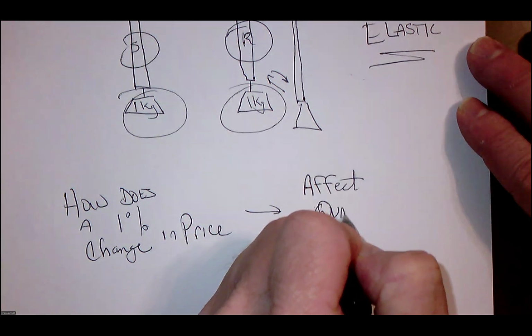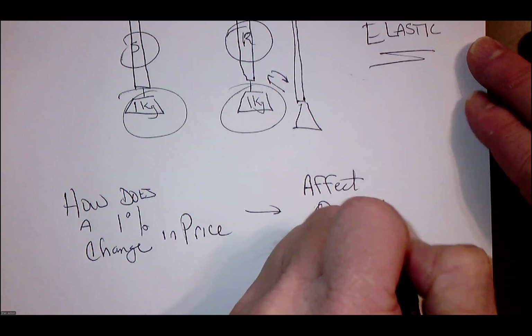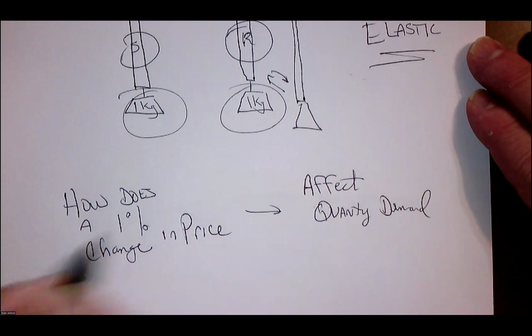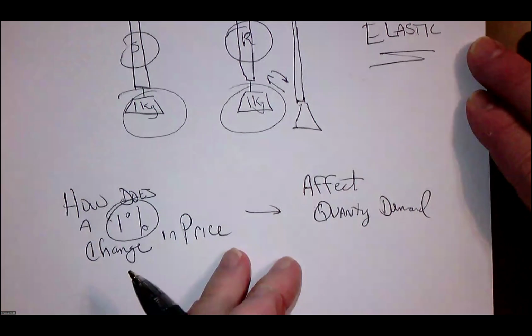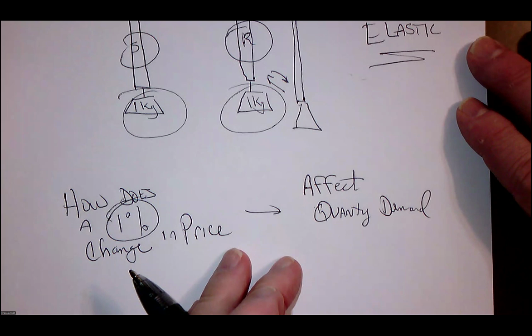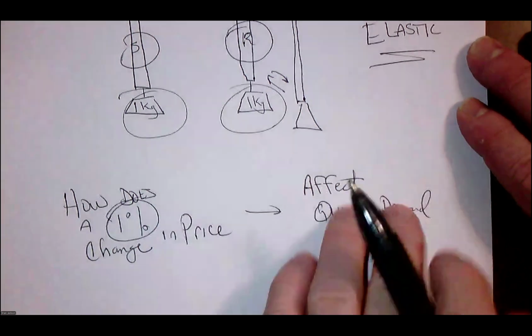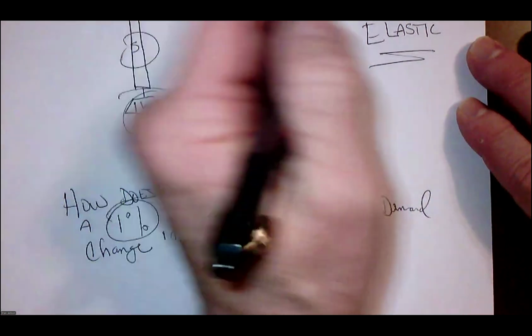It could be that a 1% change in price would cause a 10% change in the quantity demanded. In which case we would compare these two just like we would with elasticity.